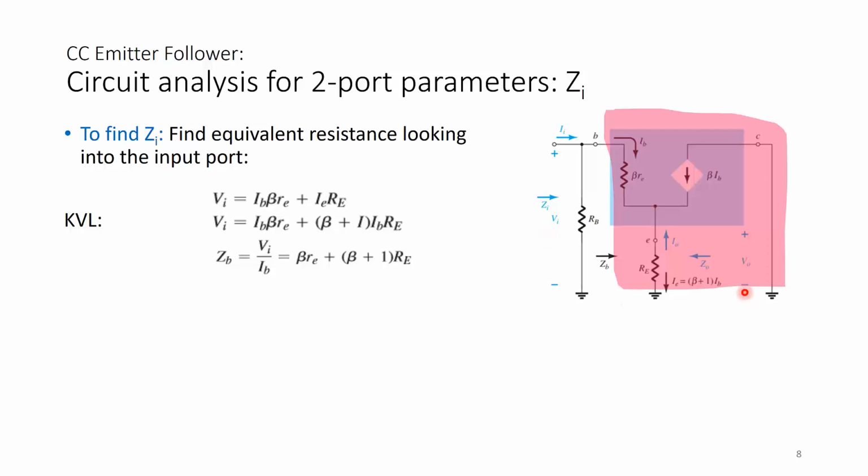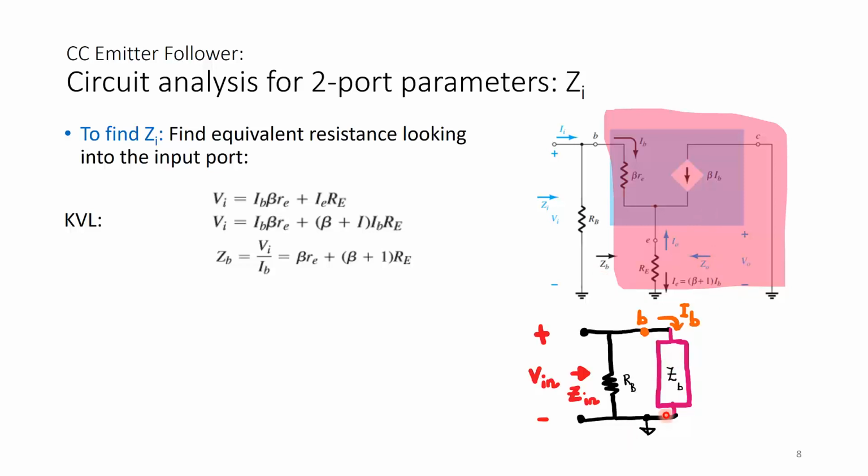It's like having this grayed out part of the network represented by the equivalent impedance ZB. So this is just a repeat, so that you can visualize this in your mind. So I have Vin equal to IB, because this is the current that goes through the base terminal, and the rest of the circuit is represented by ZB here.